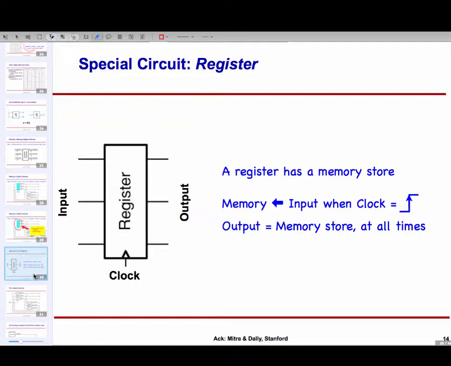So think of a register as a holding area, a circuit which just remembers something. It's a memory. And output always shows whatever is in that memory. So the memory is updated only at the clock tick, but output always shows whatever is in the memory. Okay, that's how registers work.